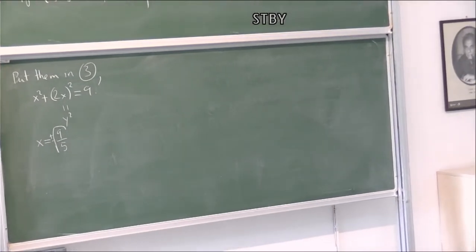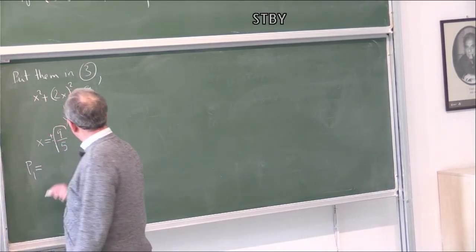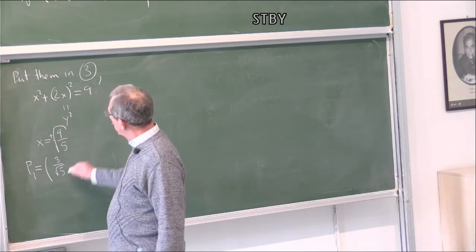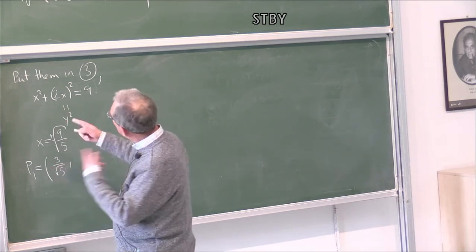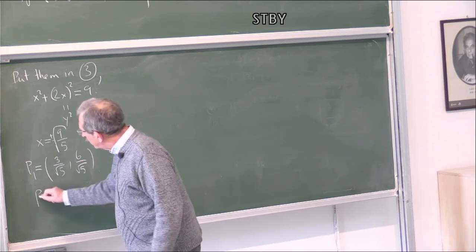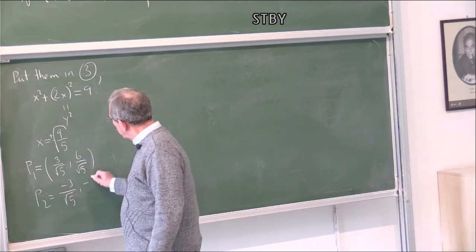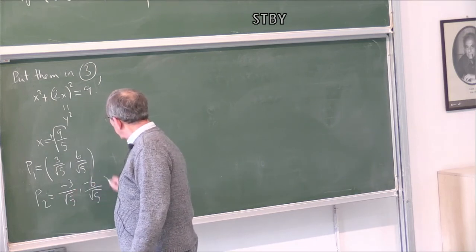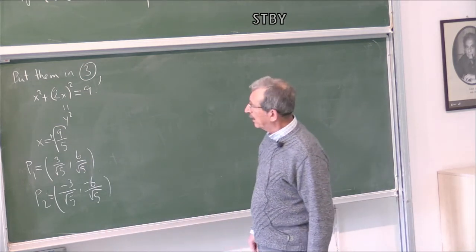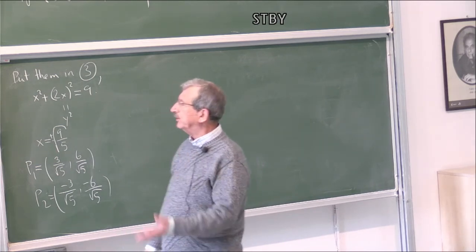Right. So this gives us two new points. One of them is 3 over root 5 actually. Y is 2 times x, so it is 6 over root 5. And P2, which is the negative here, and the other one is 2 times x. So we have 3 points, P0, P1, and P2.